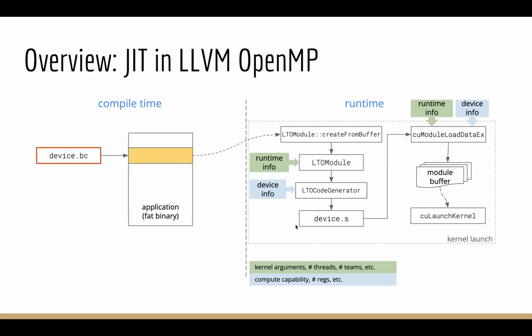So those runtime information include kernel arguments, how many threads in the team, and how many teams we are going to use. And it also has the compute capability of the device and the number of registers, such that we can tell the underlying JIT that okay, we can actually use more registers than the assumed one, which could give us a better performance.